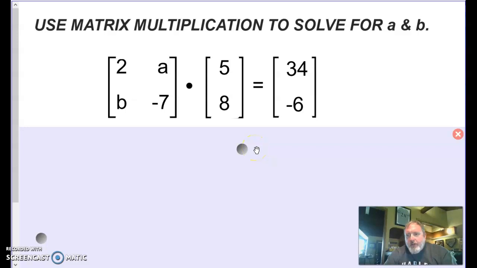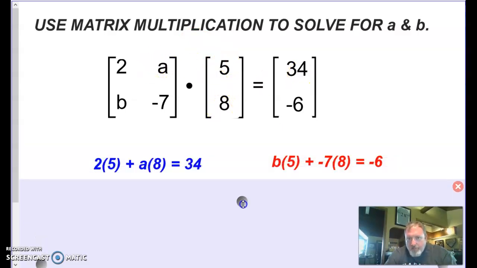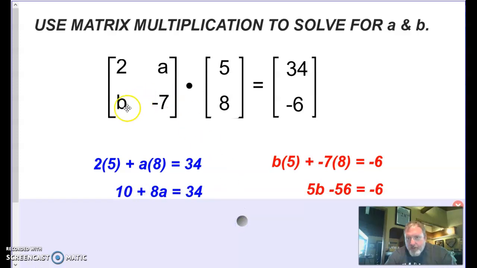All right, so here is very similar. If you remember in day one, we had one matrix equal to the other, and we just solved for x and y. Now we have to multiply. So we're actually going to get two equations here. So if I take this row times this column, I am going to get 10 plus 8a equal to 34. And if I do the same thing for the second row, I'm going to get 5b minus 56 equal to negative 6.